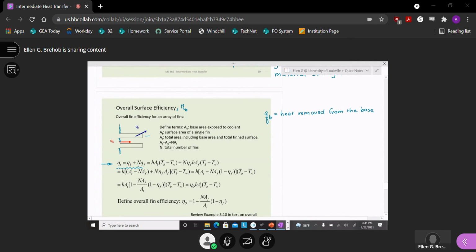And then we have to remove, and capital N is the total number of fins, and QF is heat removal from a single fin. Okay, so we're summing those up to get the total heat removal rate.